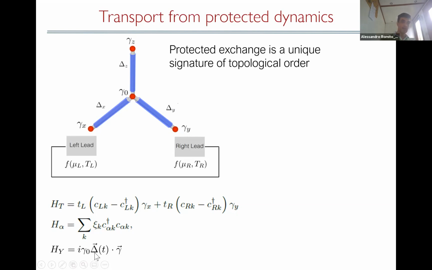And HY is the Hamiltonian of the Y junction. Here is where all the manipulation happens. Now, all this manipulation concerns the low energy physics of the system, so it can effectively be described only in terms of the Majorana existing at the end of the wire. So as you see, this system has 4 Majorana. I can briefly describe what happens here.